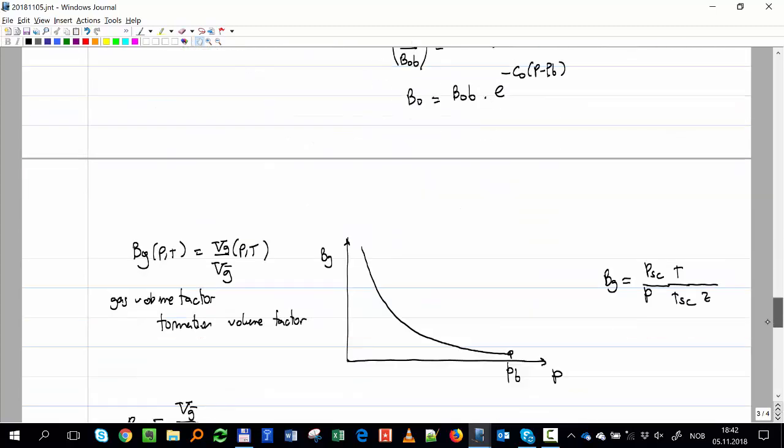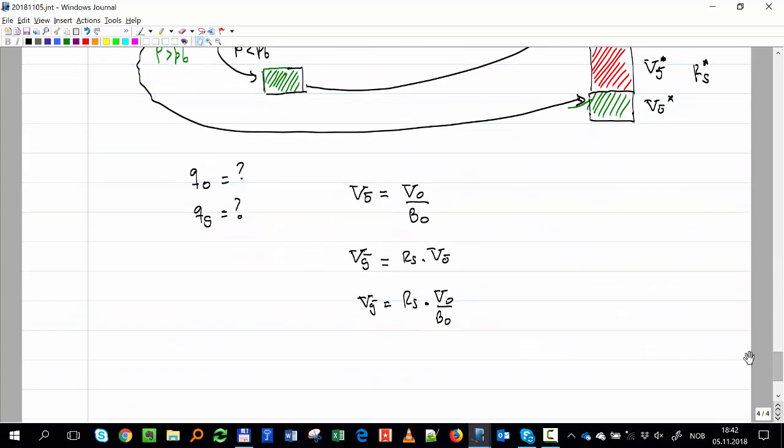So what we had missing in this equation is the expansion of the gas, which is Q gas divided by Vg. Sorry, volume of the gas, right?